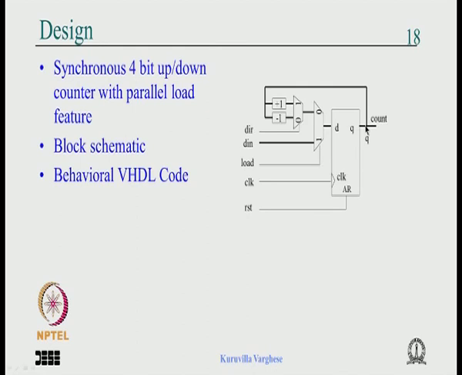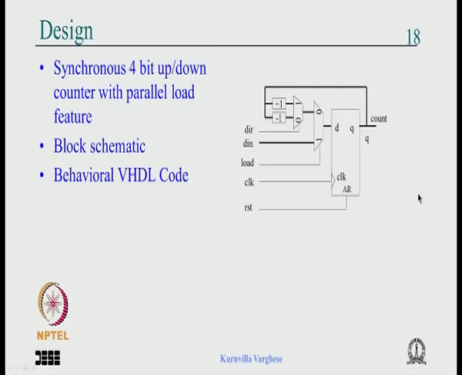This structure shows that count is also an input to it, and we know that VHDL doesn't allow that. So we declare an internal signal called Q, and then we use Q to write the code, and in the architecture statement region we assign this Q to the count.